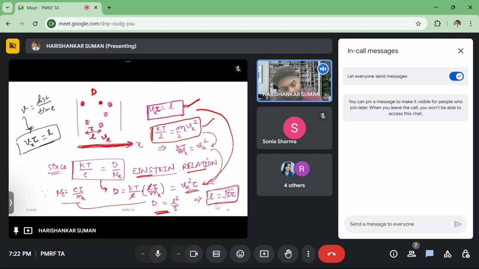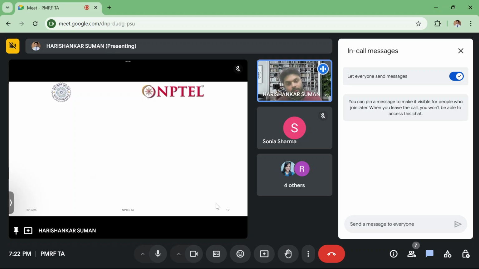And we know the kinetic energy kT by 2 equals half mv square. Use this, and if you know the Einstein relation, use it here, you can easily find the diffusion length, which is related to L equal to the square root of diffusion coefficient and lifetime. Okay, next question.